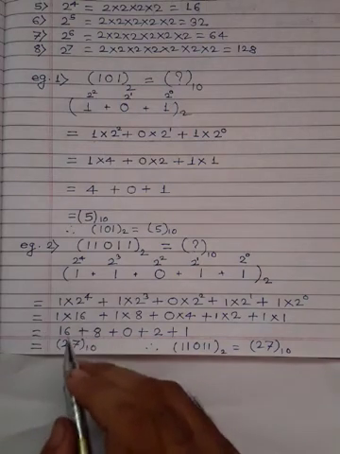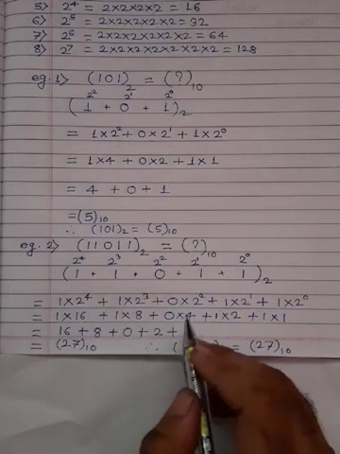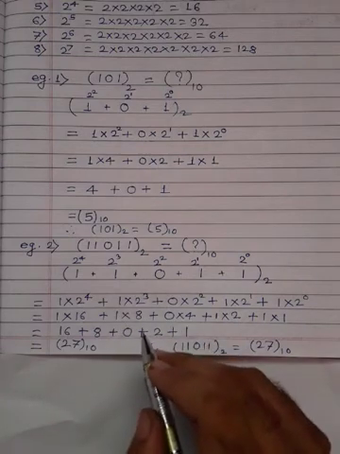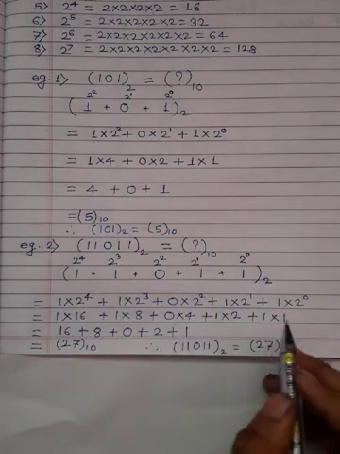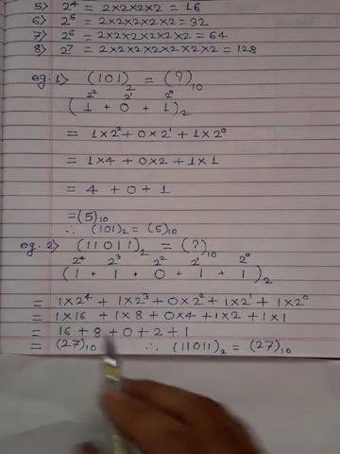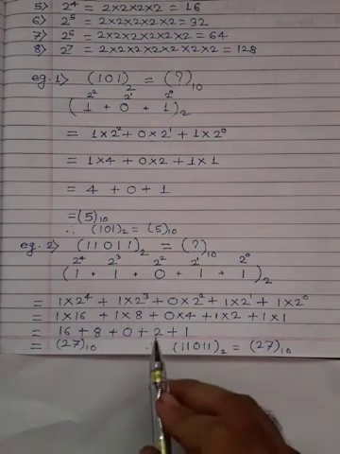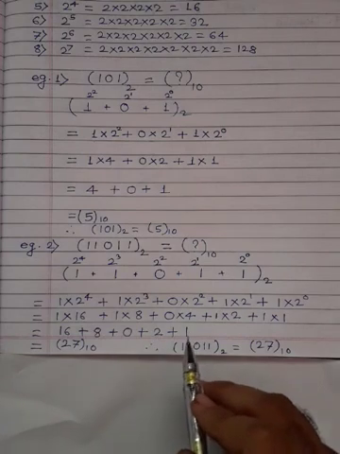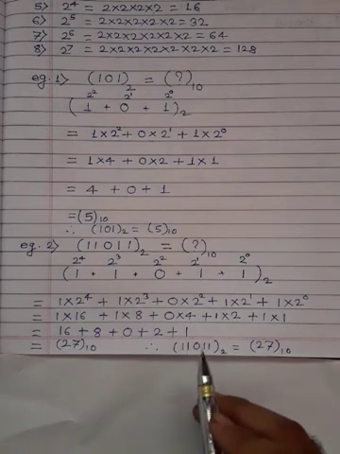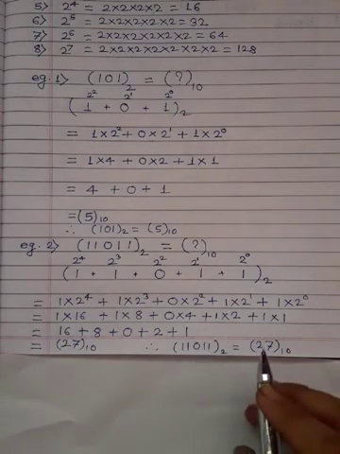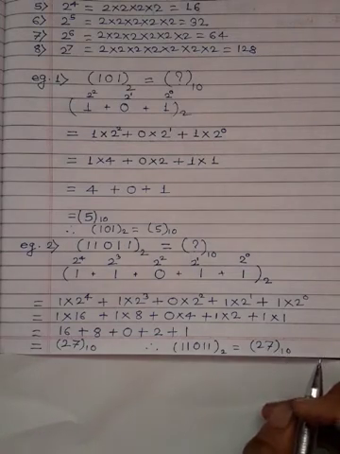Now 16 ones are 16, plus 8 ones are 8, plus 0 multiplied by anything is 0, plus 2 ones are 2, plus 1 multiplied by 1 is 1. So 16 plus 8 is 24, 24 plus 2 is 26, 26 plus 1 is 27. Therefore, the decimal equivalent of 11011 is 27.